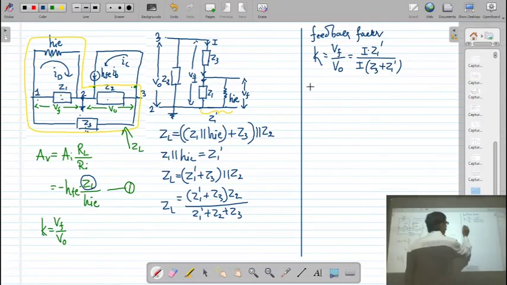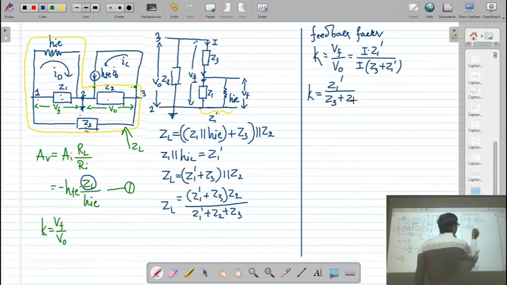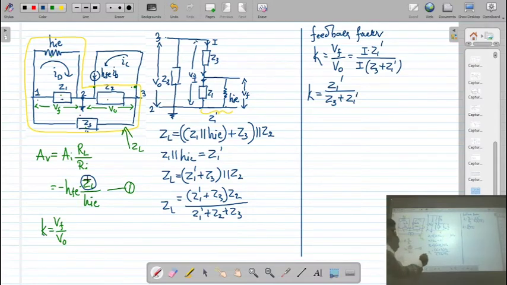And therefore my feedback factor comes out to be Z1 dash divided by Z3 plus Z1 dash. Correct? So in this way we have calculated the ZL, and we have calculated what is the feedback factor.